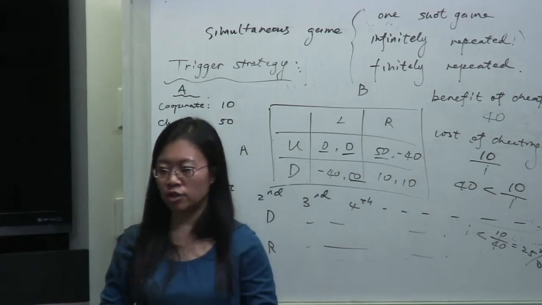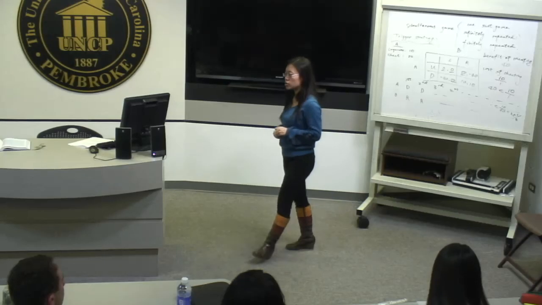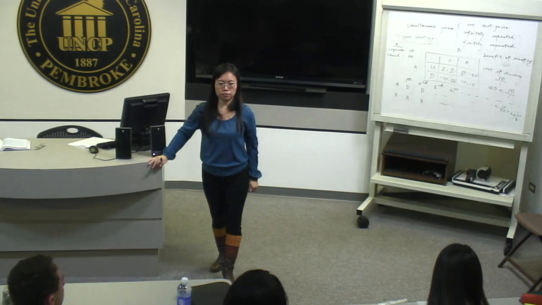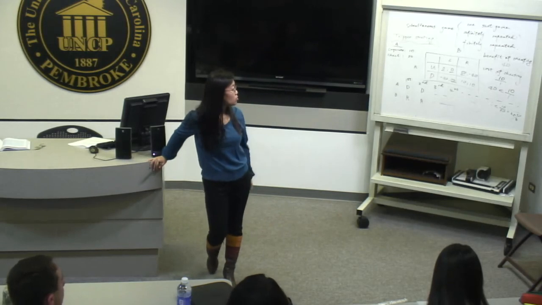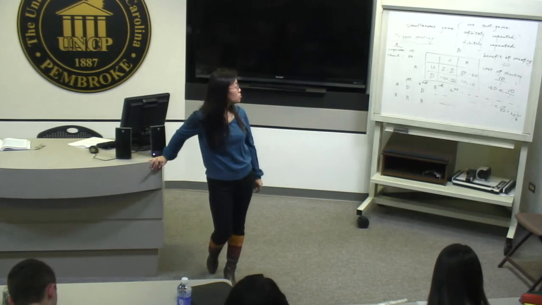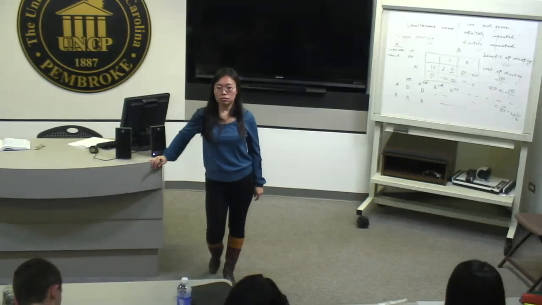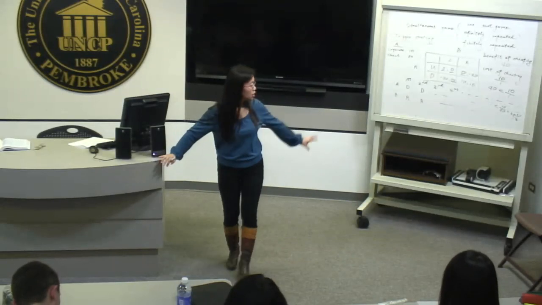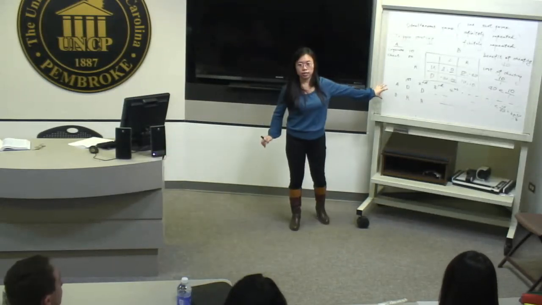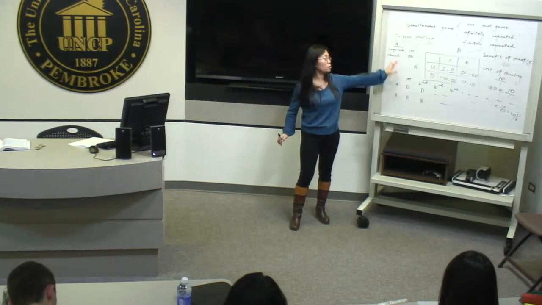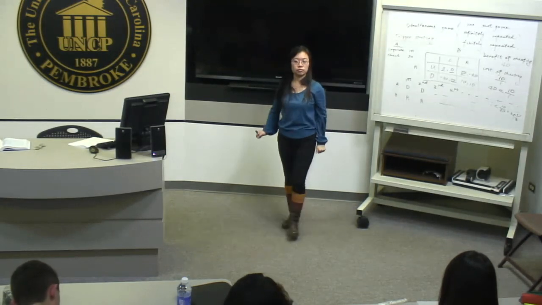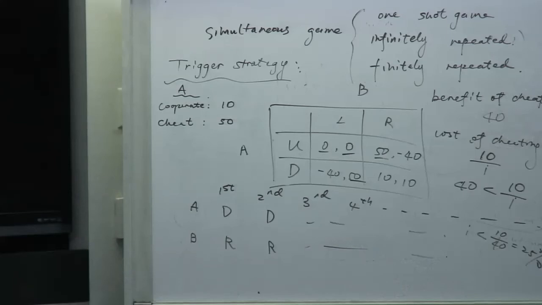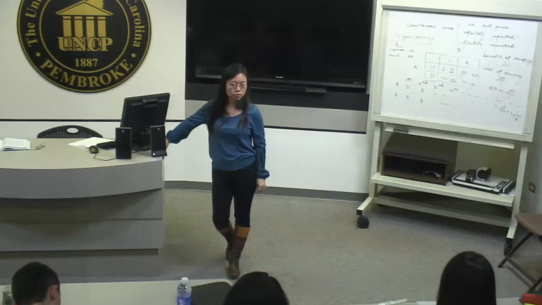So this tells you that if the interest rate is less than 25%, then we can have this strategy as a Nash equilibrium, supported by this trigger strategy. So if I is less than 25%, we will cooperate.